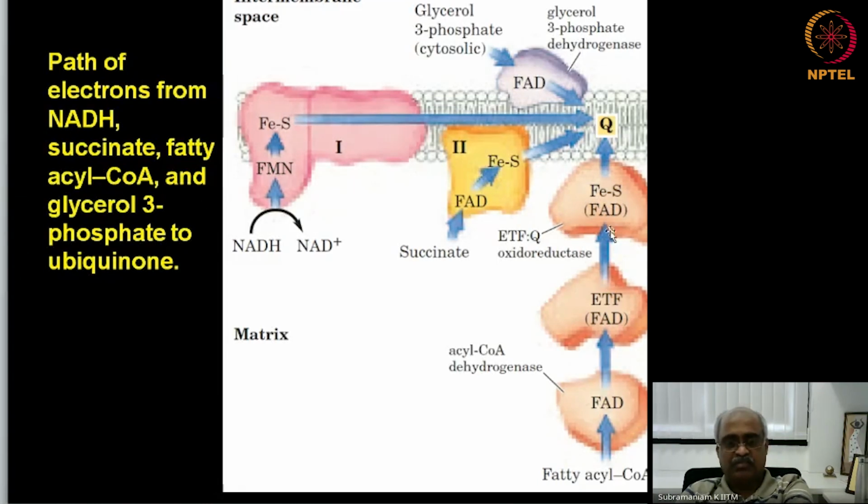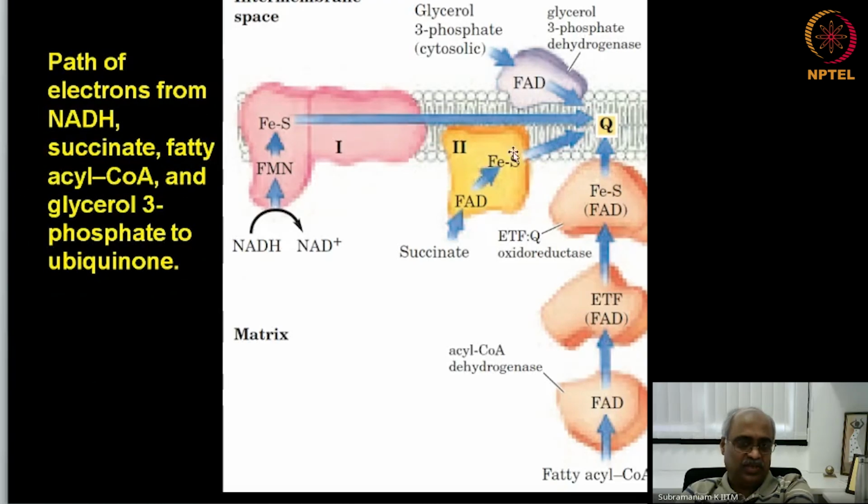So these 3 protein complexes ultimately transfer the electrons abstracted from fatty acid oxidation to ubiquinone. So now we have seen 4 routes by which electrons from substrate oxidation are transferred to ubiquinone in the inner membrane of mitochondria. Now we'll follow the journey of electrons from ubiquinone.